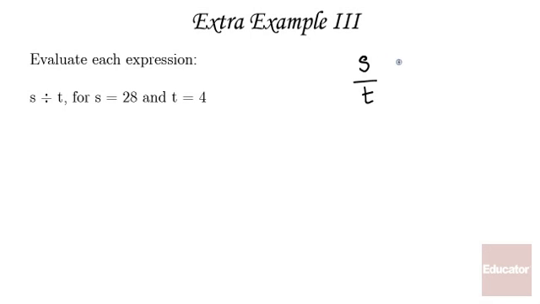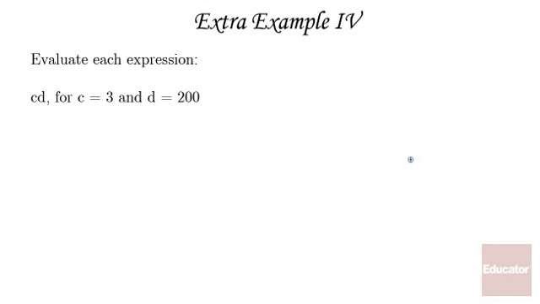So instead of writing s, I'm going to write out 28, because s is a variable that represents the number 28, and t represents the number 4. So I can write it like this, or I can write it just 28 divided by 4. It's the same thing. And 28 divided by 4 is 7. So when I evaluate the expression, I get 7 as my answer.